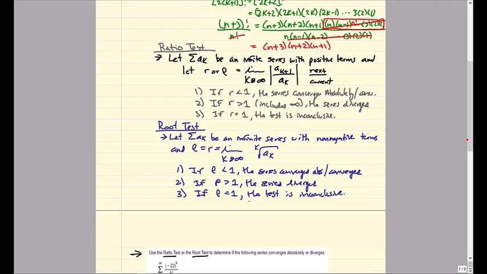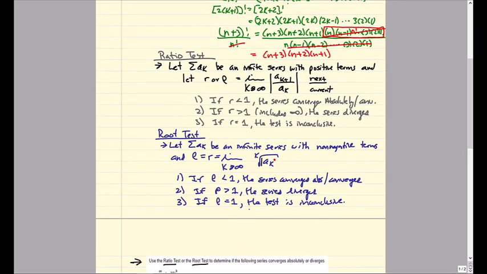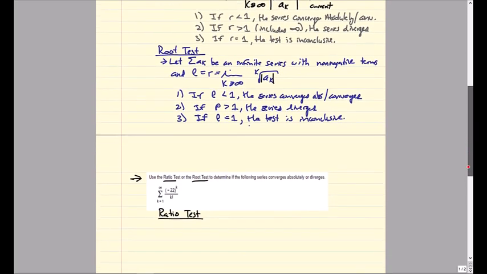Okay, so with the ratio test, you need to make sure you have those absolute value signs, because then it doesn't matter if I have negative terms. When I take the absolute value, I just consider them as positive. And the same thing will happen with the root test. The absolute value is inside the parentheses though. So that takes care of problems if I'm taking even roots of odd numbers.